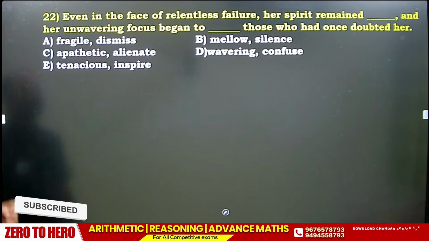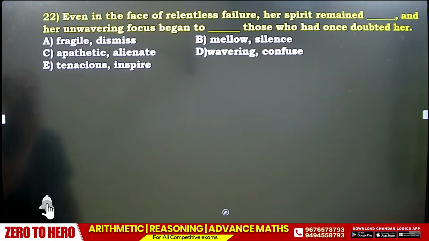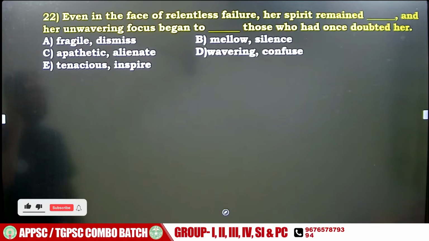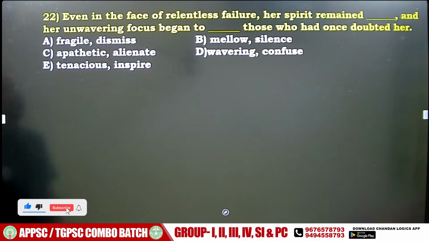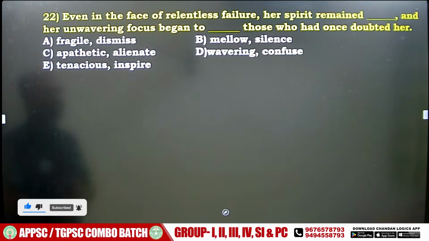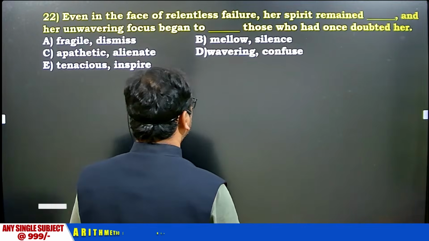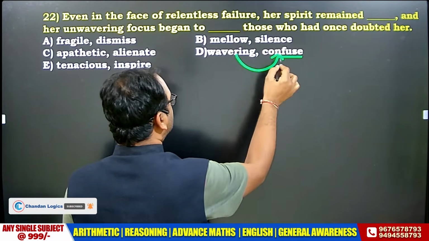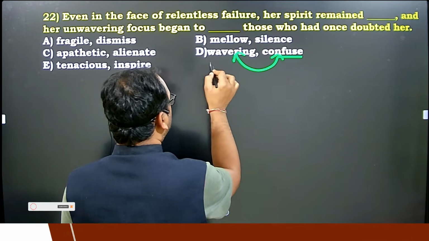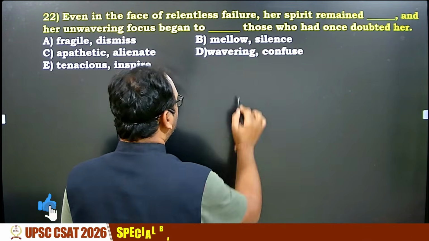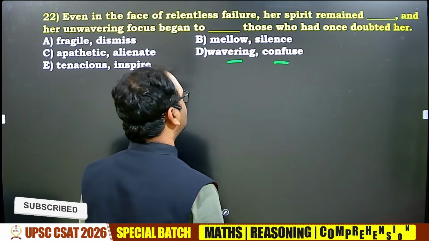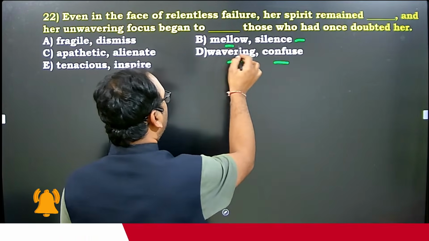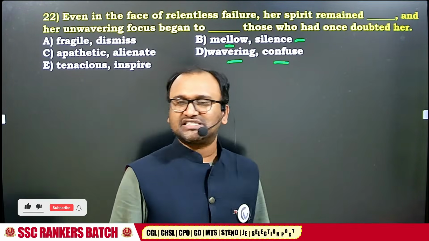Shall we do one thing? Before we see the question, shall we try the options? Positive, negative. Let us not read the question. Let us see the options, positive, negative. Let me start from the fourth option. Do you know wavering? Wavering and confusing both are the same. So wavering means confusing. Minus. So silence, okay, a neutral word. Mellow means very weak, something not strong.